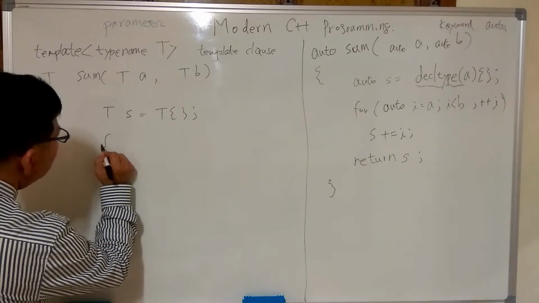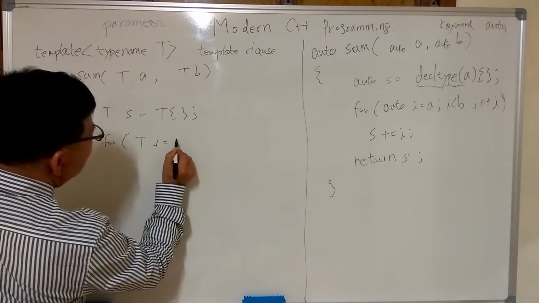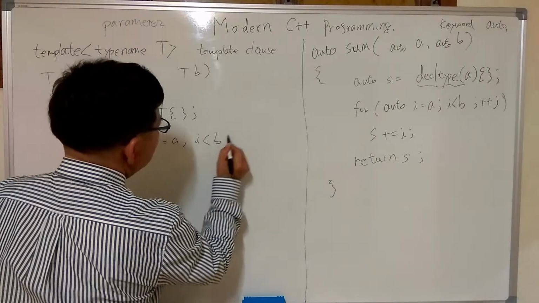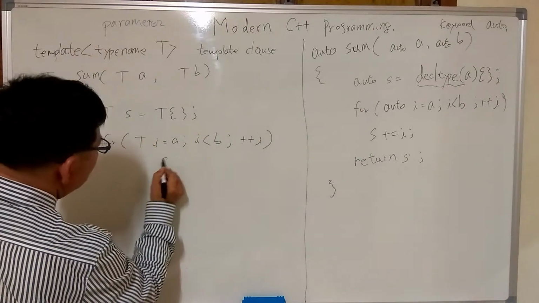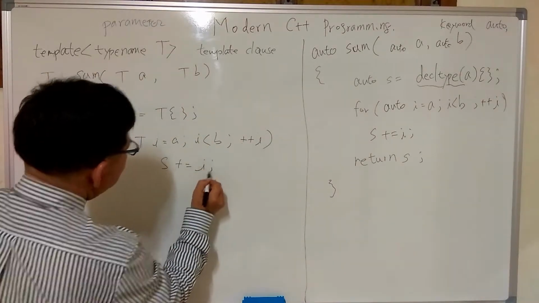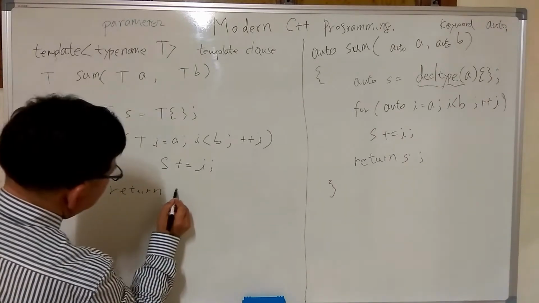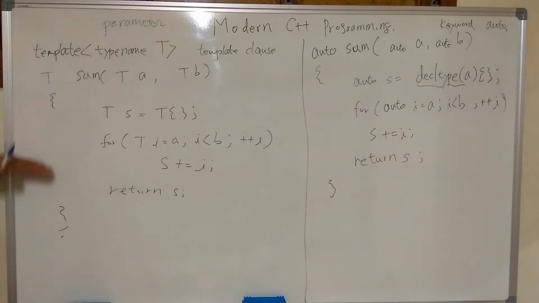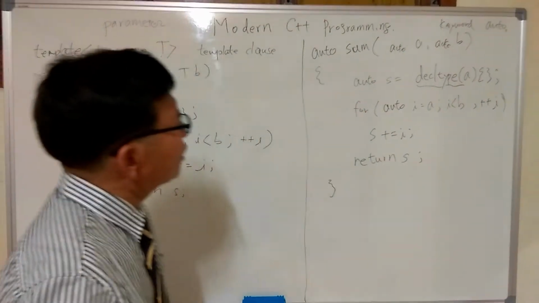Then for T i equals A; i less than B; plus plus i, S plus equals i, return S. So this is a template function. This is using the keyword auto.